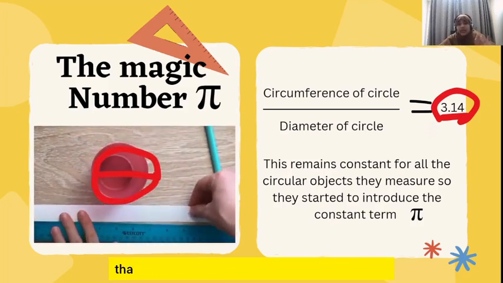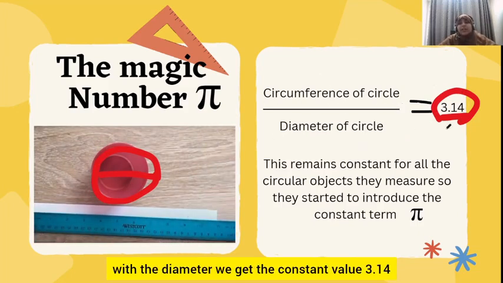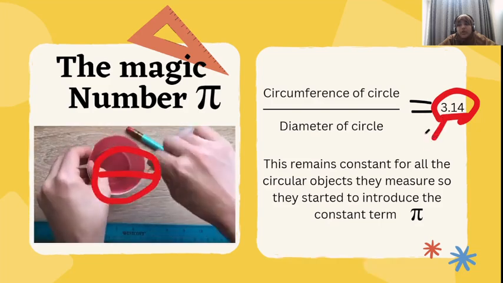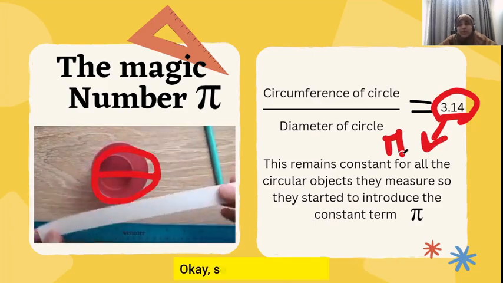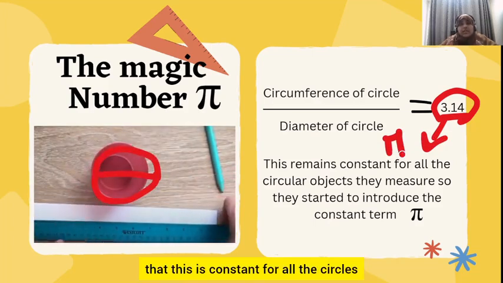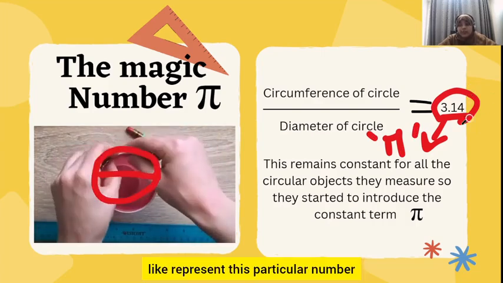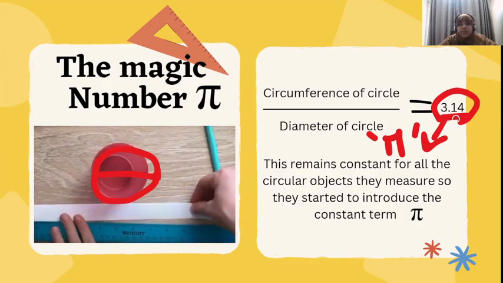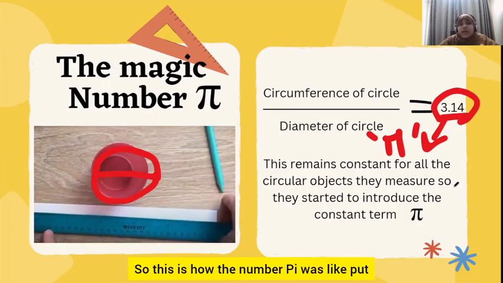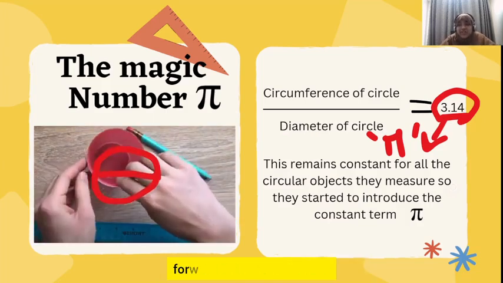They understood that whenever you divide the circumference by the diameter, you get the constant value 3.14, which is nothing but pi. So they said, let us introduce the term pi to represent this particular number which is constant for all circles.